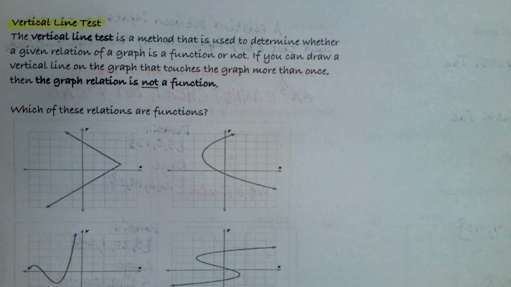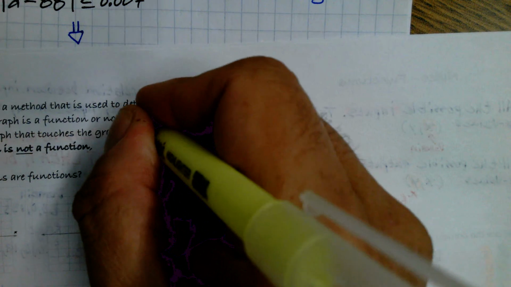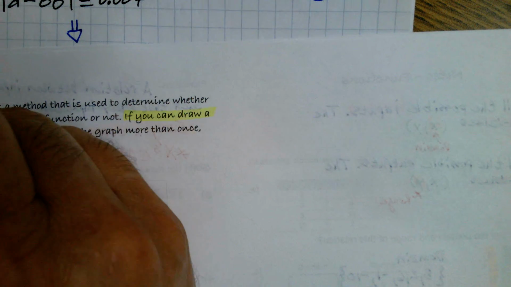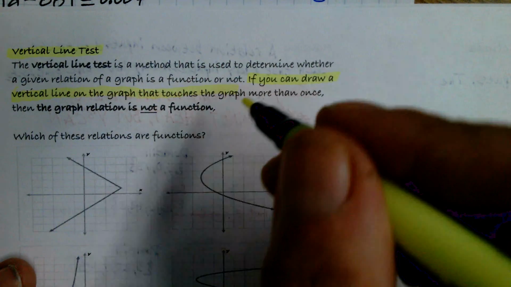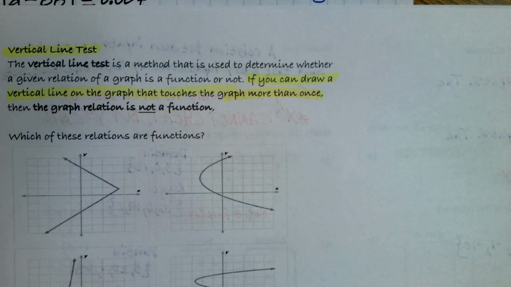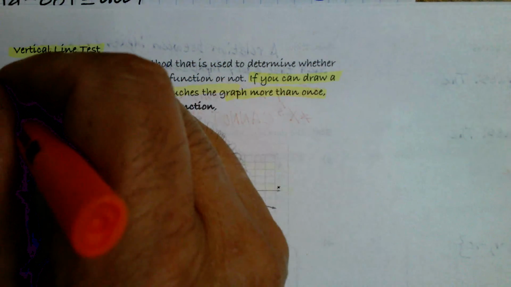And here's how you do it. If you can draw, notice how that's worded, if you can draw a vertical line that touches the graph more than once, and here's the payoff, then it's not a function.